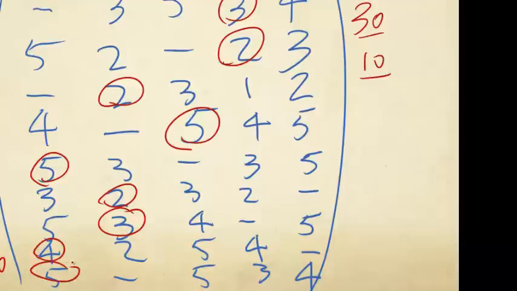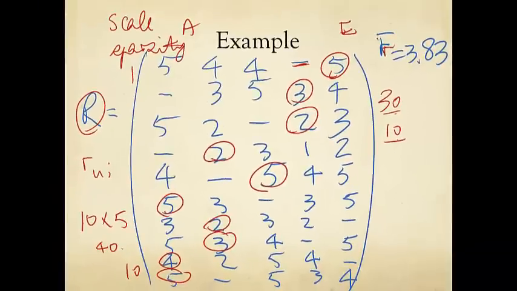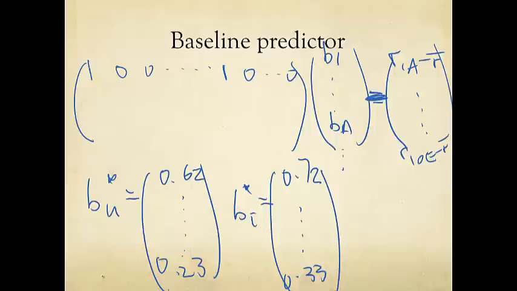We know them, but we pretend we don't, first train with the remaining 30 points, and see how we do on these 10 points. First of all, the very lazy R bar, in this case 3.83. In the Netflix case, 3.6.